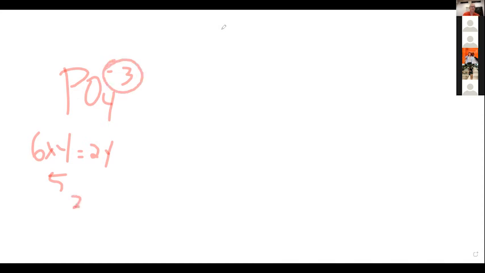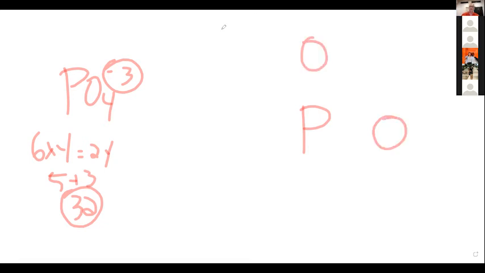So yeah, 32 total. So we know phosphorus is going in the middle because oxygen is much more electronegative. And there's 1, 2, 3, 4 of them. So we draw a single bond, 1, 2, 3, 4. That's 8 electrons. That leaves us with 24.